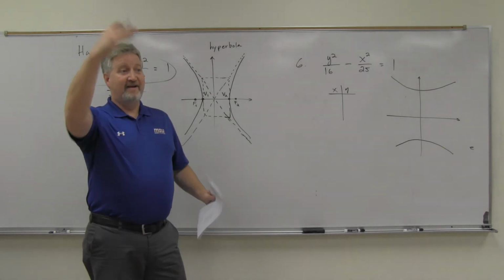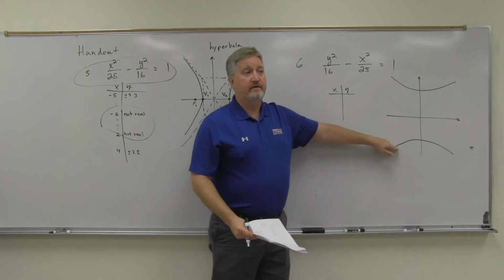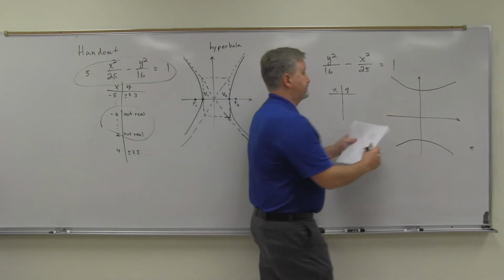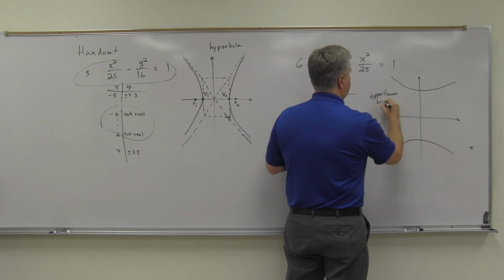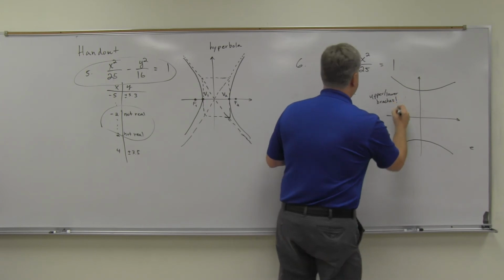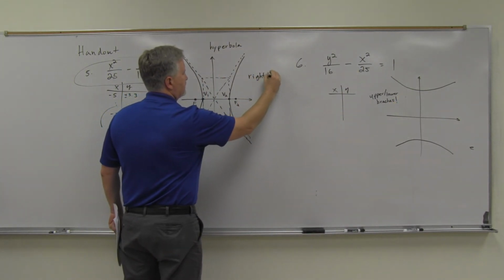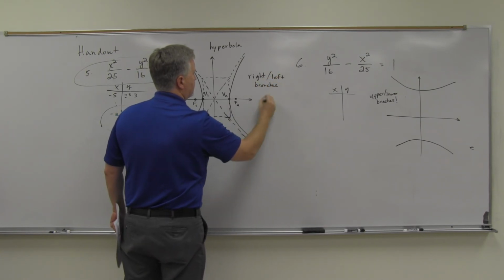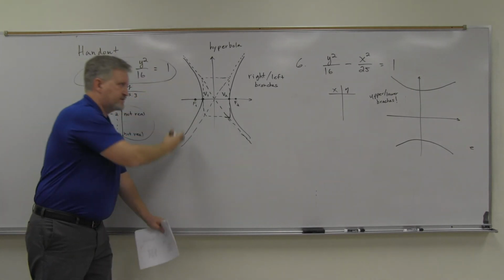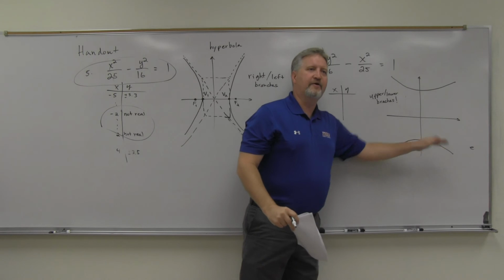The x and y are switched, and it's an upper and lower branch, right? This one has right and left branches, because there's a branch on the right and a branch on the left. This one has an upper and a lower branch.